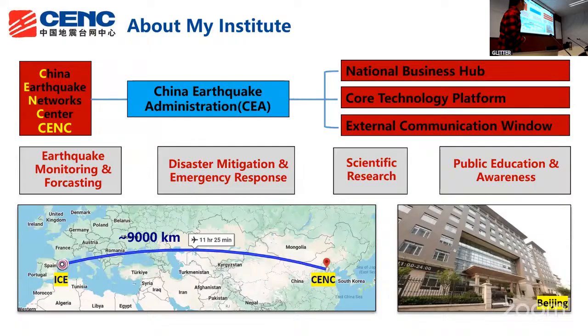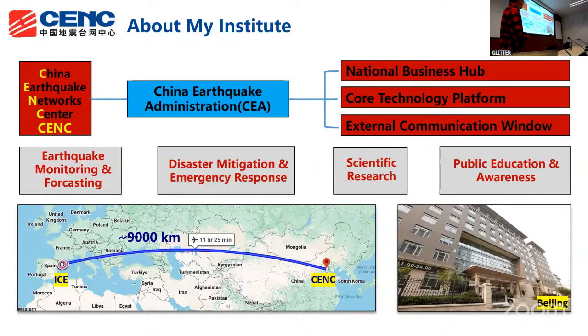Let's move to my institute. The name is China Earthquake Network Center, CENC for short. It belongs to the China Earthquake Administration and is based in Beijing. This is our institute building. It's about 9,000 kilometers from the CENC to the ICE.